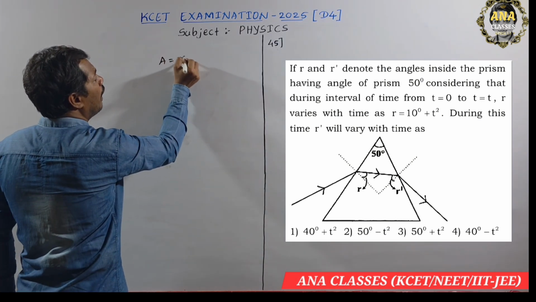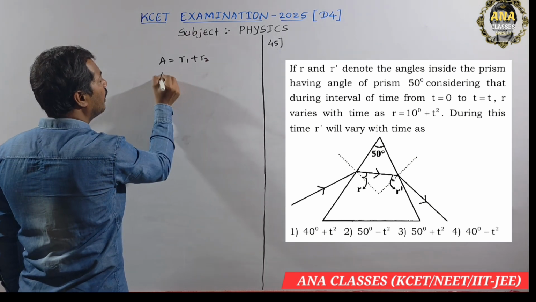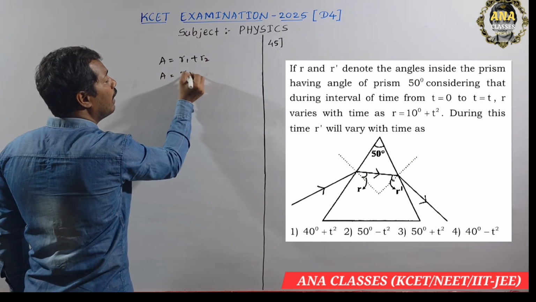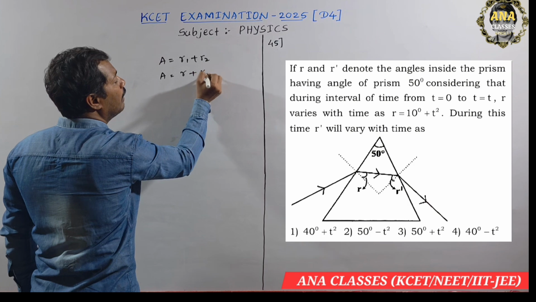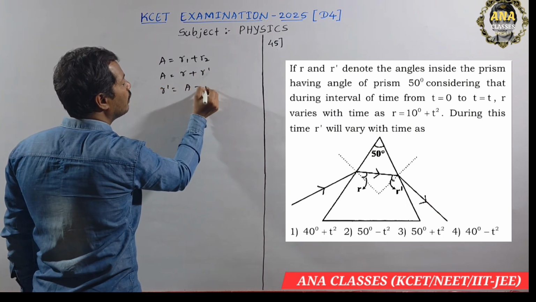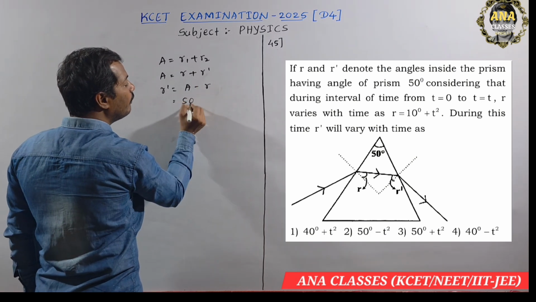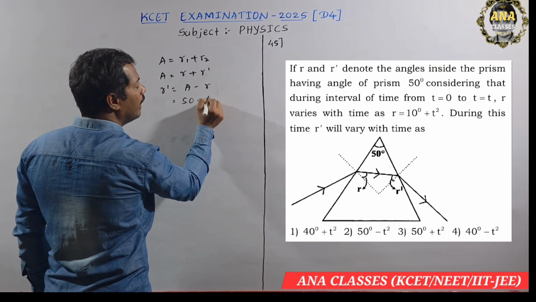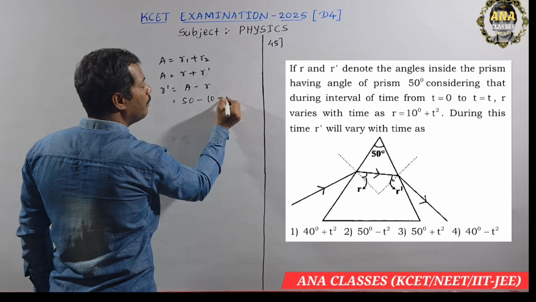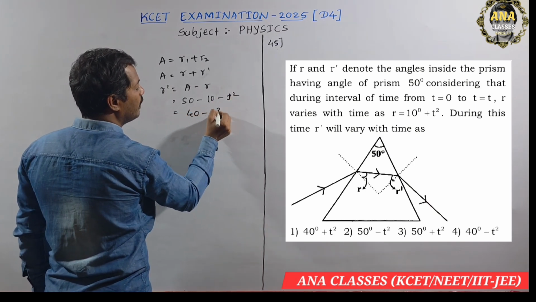A is equal to r1 plus r2, call this initial and this final. So A is equal to r plus r dash, so r dash is equal to A minus r. Here r is varying. The value of A is given as 50, and r is 10 plus t square, so it should be 50 minus 10 minus t square, which is equal to 40 minus t square. That is the answer.